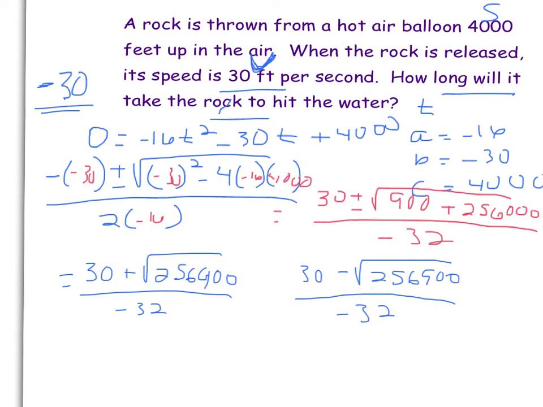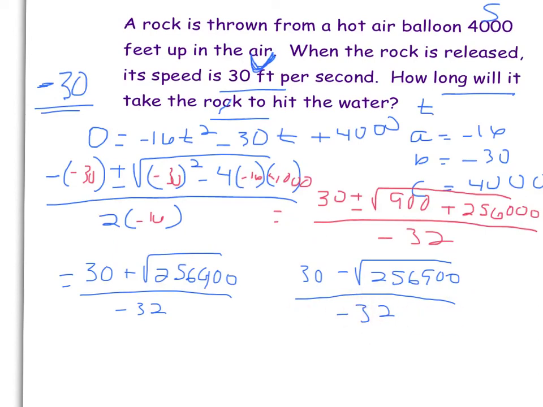And again, if I do the calculations correctly, I have to do 30 plus this square root, enter, before I do divided by, or I could use parentheses. And then I'd have to do the same thing over here, 30 minus the square root, enter, or equals, and then divided by negative 32.